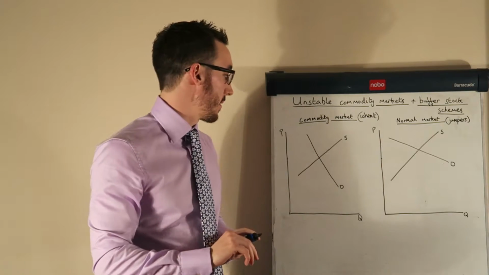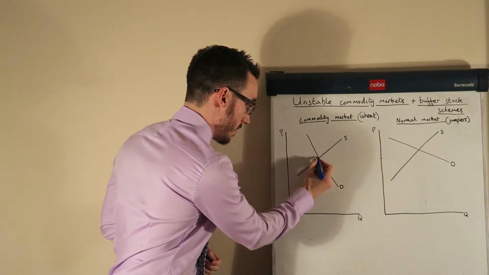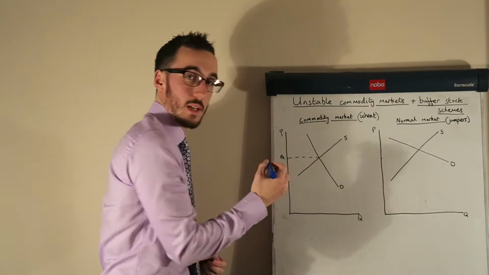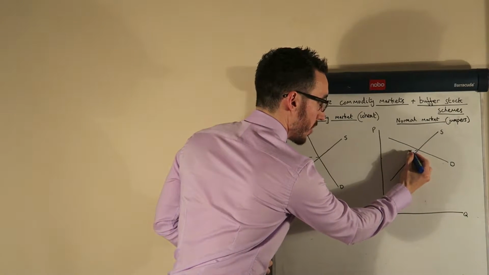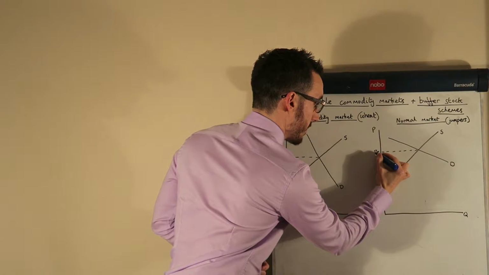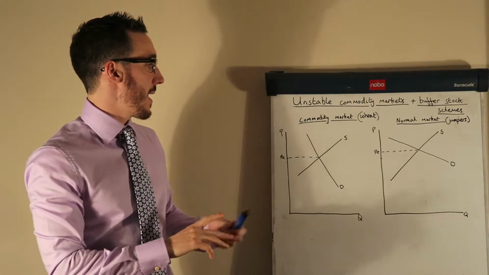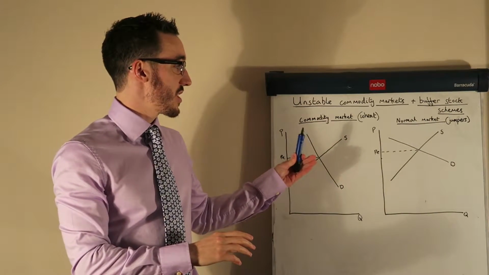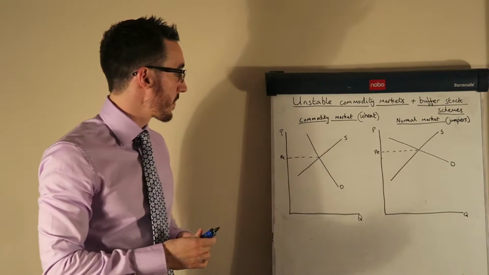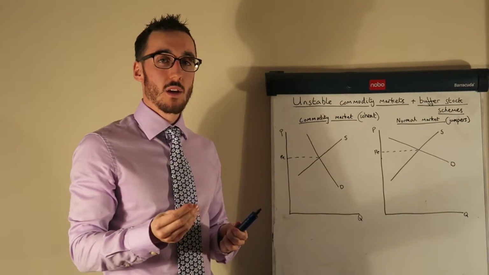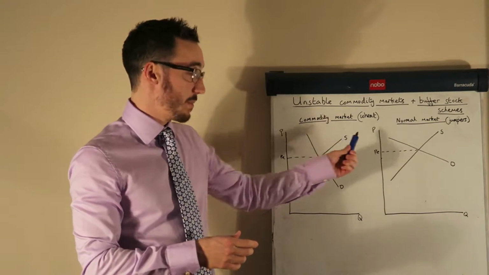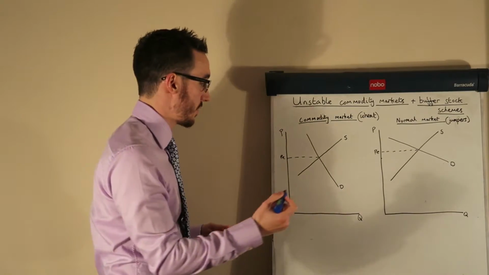So why does this matter then? Okay, so we start with a price here. In both markets, we start with the equilibrium price, where demand equals supply. So how do changes in quantity change the price in both of these markets? So let's say there was a large decrease in the quantity supplied in both markets. Let's see what the difference might be.